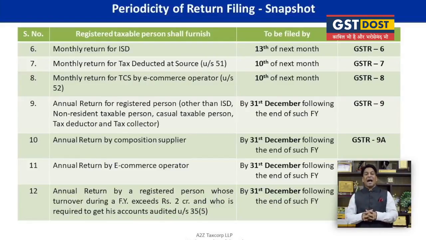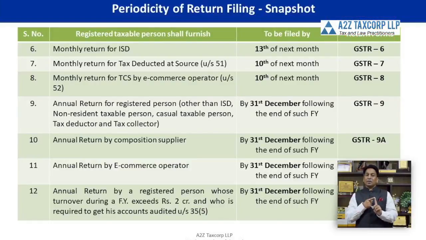Then comes the annual return. An annual return is to be filed by all regular taxable persons except casual taxable person, non-resident taxable person, ISD, TDS deductor and TCS e-commerce operator.